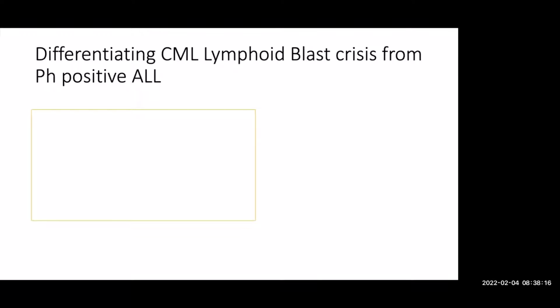So there are certain clinical features and laboratory features in the patients, which would help us to say that this particular patient might be having CML lymphoid crisis more than pH positive ALL. This could be that patient has a past history of CML, or patient has a massive splenomegaly. pH positive ALL patients characteristically don't have massive splenomegaly like that of the CML patients.